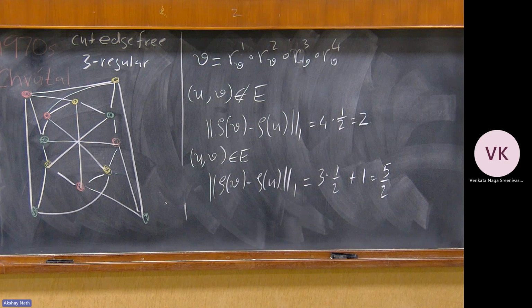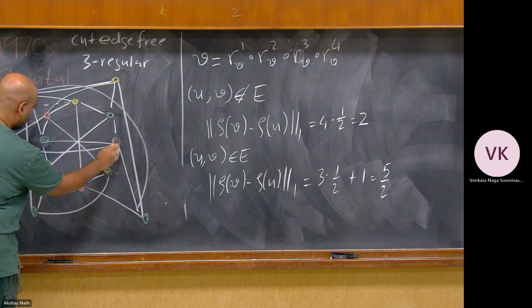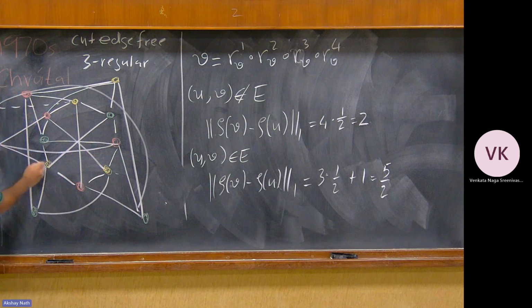Why? In this gadget, if I introduce this edge and connect all of these, these three endpoints are from the hard instance where they had a hyper edge between them. We remove that hyper edge and we still introduce these edges.